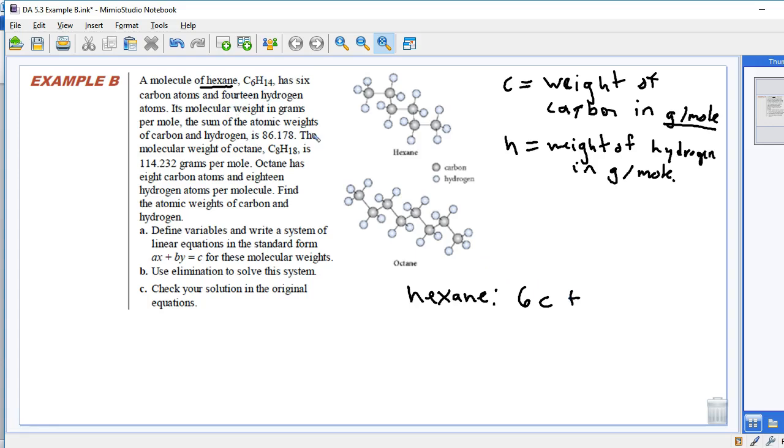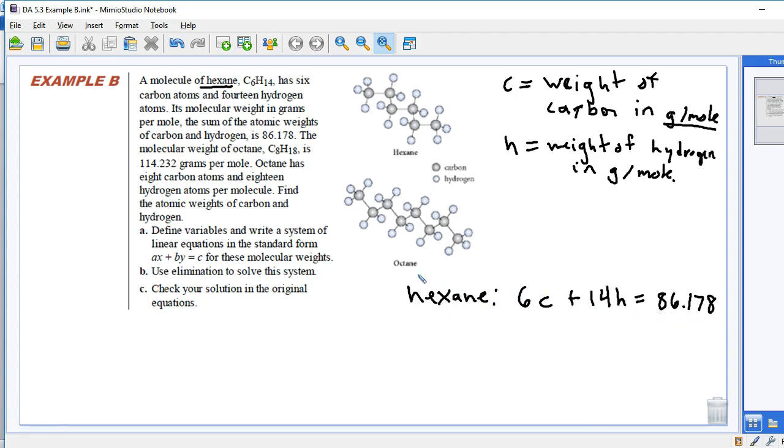There are 14 hydrogen atoms, times the weight of the hydrogen in grams per mole. That gives me the sum of the carbon and hydrogen weights, which is 86.178. So there's an equation for hexane: 6C plus 14H equals 86.178.